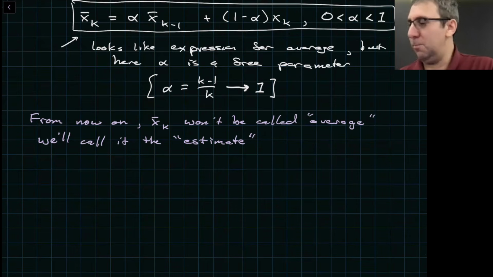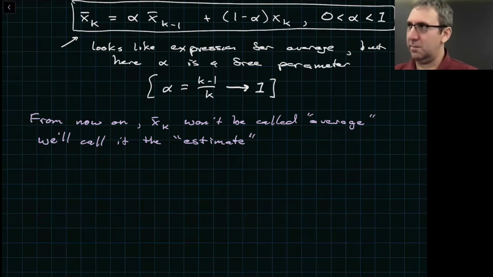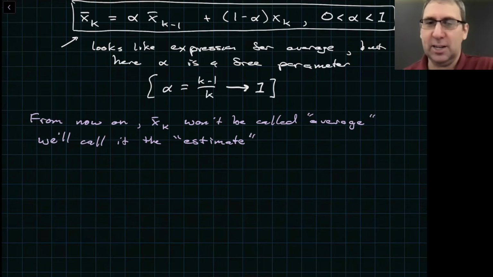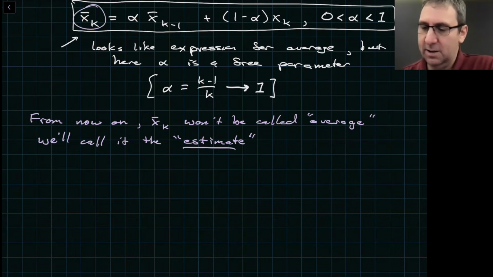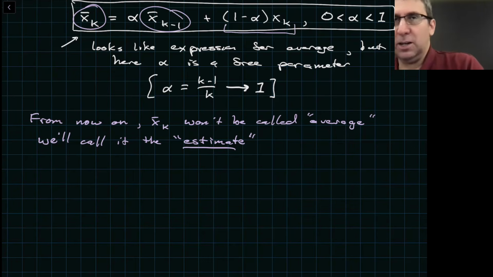And in a more elaborate way, that's what the Kalman filter does. It's taking in measurements and trying to give you a best estimate of some desired state. All right. So we're going to call X bar K an estimate. So this is saying the estimate at the kth time step is equal to alpha times the estimate at K minus 1 plus something new.